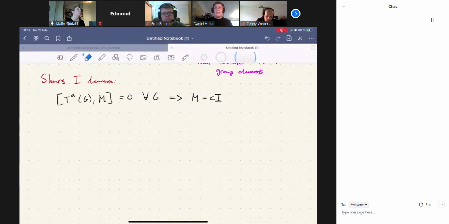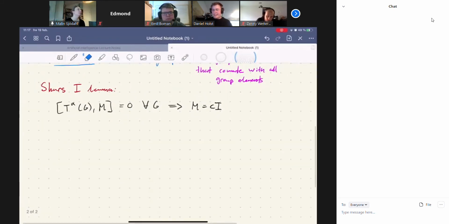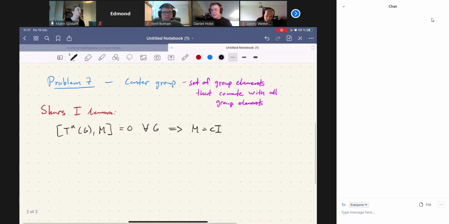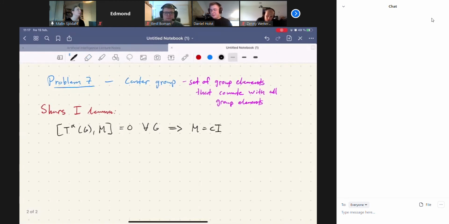Okay, so in this exercise we're supposed to find out the center group for these different groups. The center group is defined as the set of group elements such that they commute with all other group elements. Then we had this hint, which was Schur's lemma.